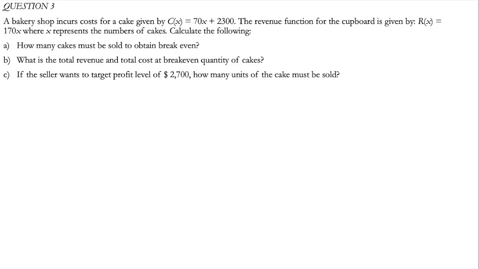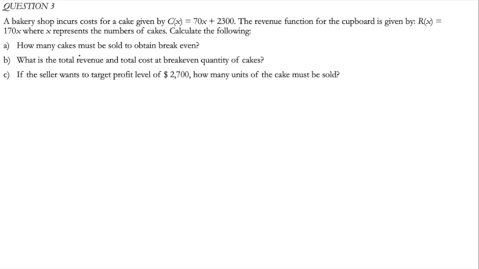Okay, I pick question number 3 here. A bakery shop incurs cost for a cake given by C(x) equivalent to 70x plus 2300, and the revenue function for the cake is given by R(x) equivalent to 170x, where x represents the number of cakes.